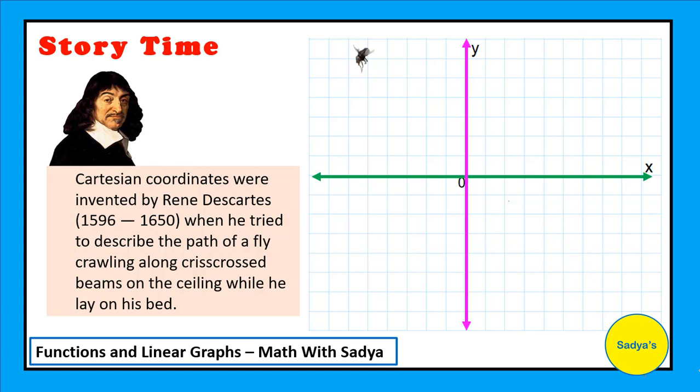So it goes there, then towards the right, then it goes down, and so on. And that's how he invented the system, which is now known as the Cartesian coordinate system. And we get the word Cartesian from his name, René Descartes. So Cartesian coordinates basically help us to locate a point in a plane. More details in the next slide.